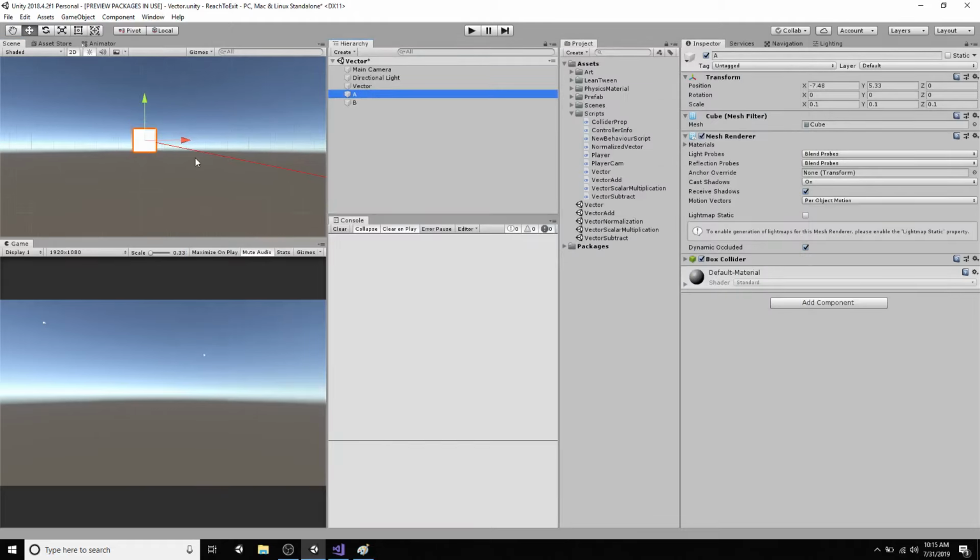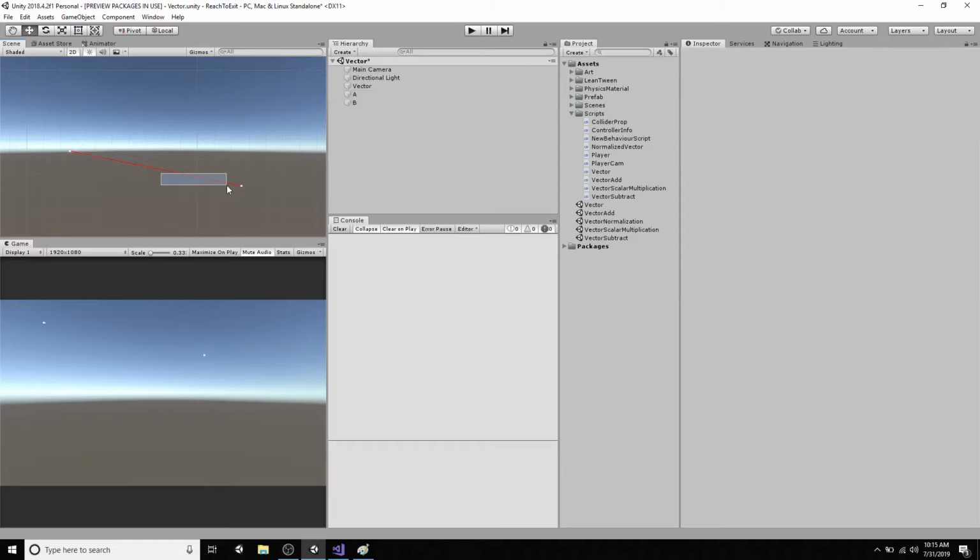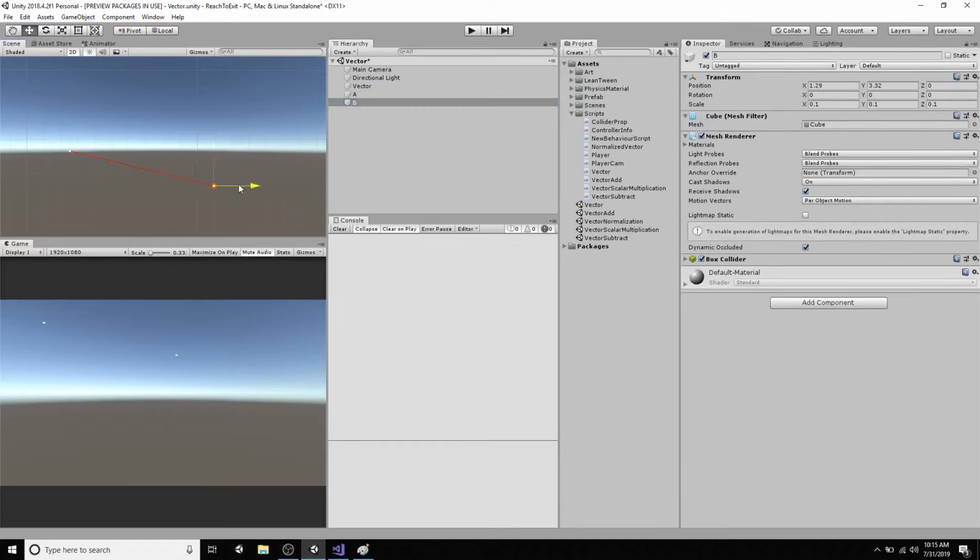So we have head and tail, and this is the direction that our vector is pointing. If I move it like this, the direction changes. You can move this game object 360 degrees, it forms a circle, and each time I change this position, its direction changes.